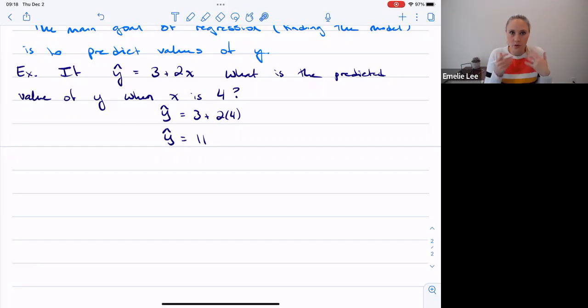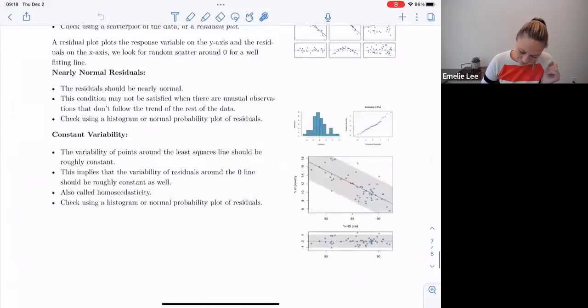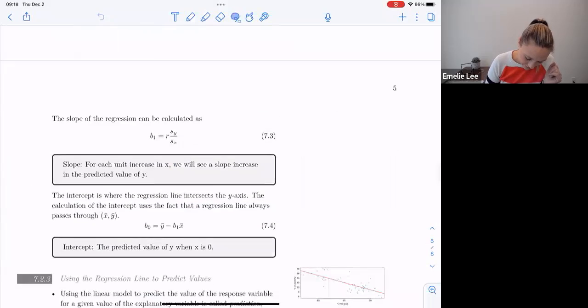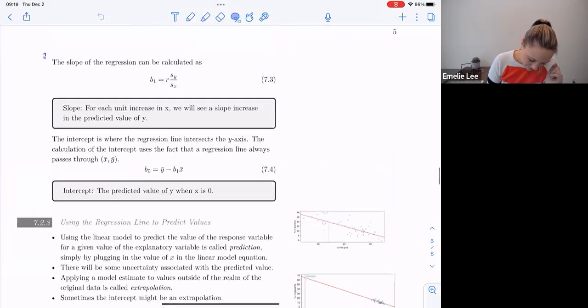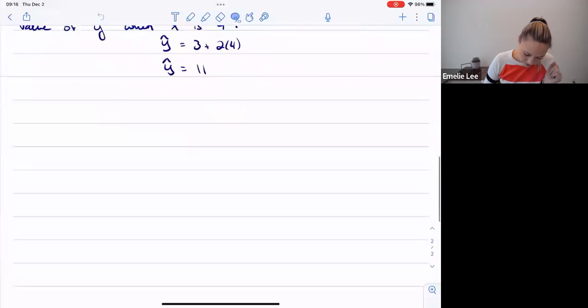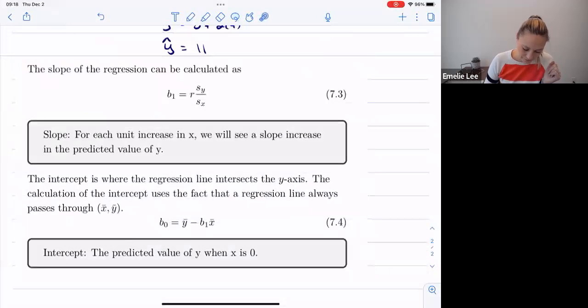So the whole goal is to predict values of y, and so we're going to have a slope and an intercept. It is going to be important that we know how to interpret the slope and the intercept. From those notes that I posted, I have the interpretations here.